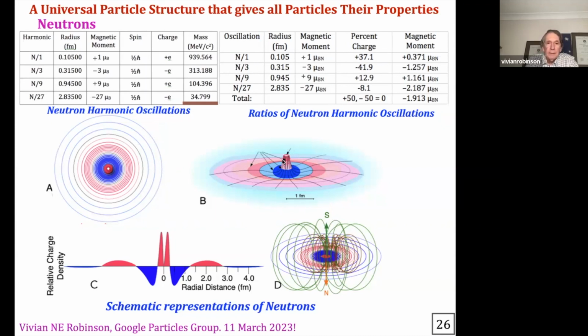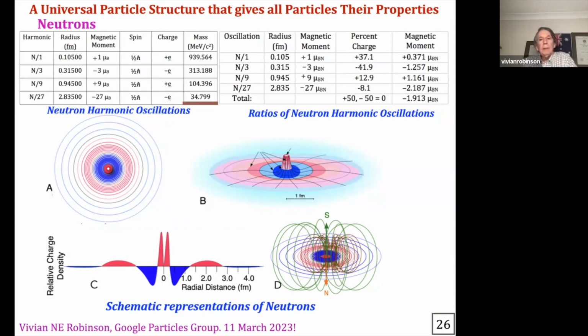Its oblique charge, and the one I like, the positive central core, negative p/3, negative n/3, positive n/9 oscillations, and finally very large negative n/27.